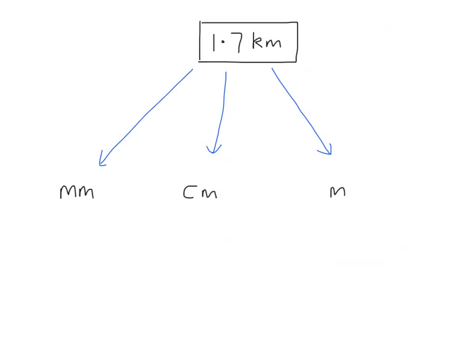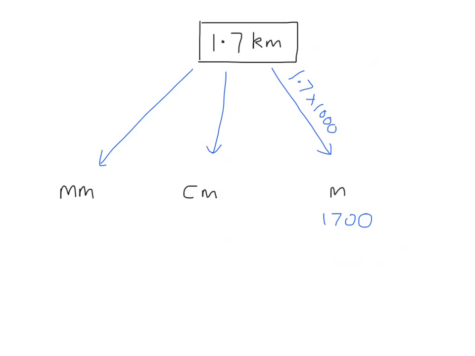In this next example, we've got 1.7 kilometres, and I want to convert that into metres, centimetres, and millimetres. Now we know that there are 1,000 metres in a kilometre, so there'll be 1,000 times as many metres as there are kilometres. And 1.7 times 1,000 means I'm moving the decimal point 3 places to the right, which gives me 1,700.